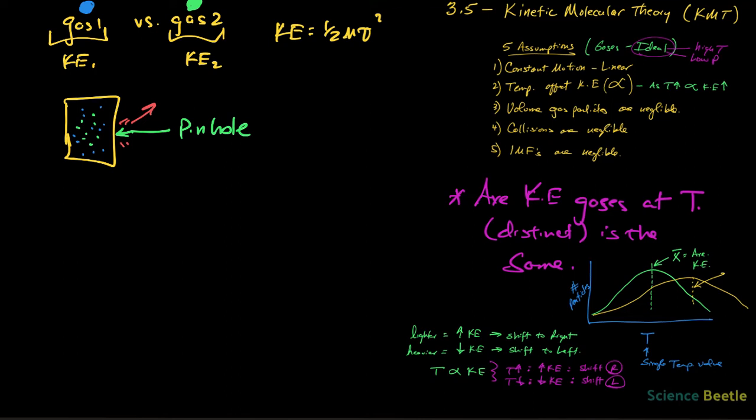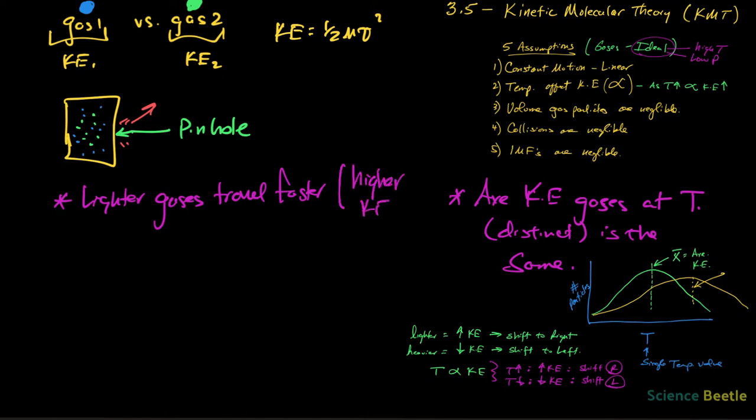So the key point to remember here is that lighter gases travel faster. Another way of saying the same thing is that lighter gases are going to have higher kinetic energy.